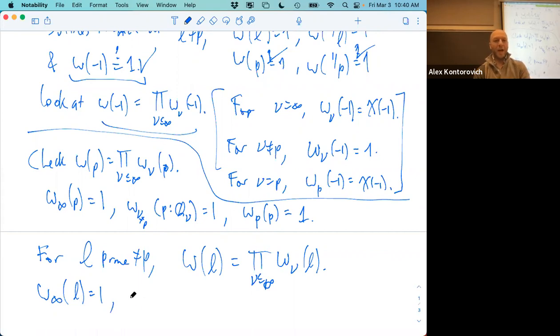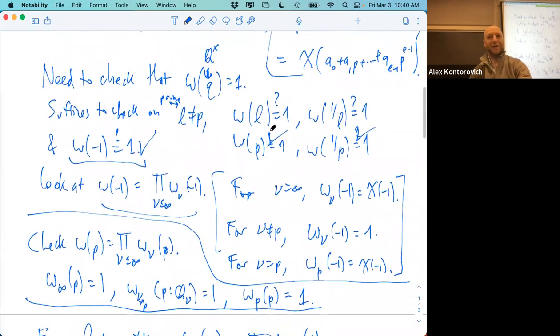What happens at nu that are different from L and different from P? I'm having trouble distinguishing this computation from the other one. The other one was about omega of P, the ramified prime. Now I'm taking an unramified prime.